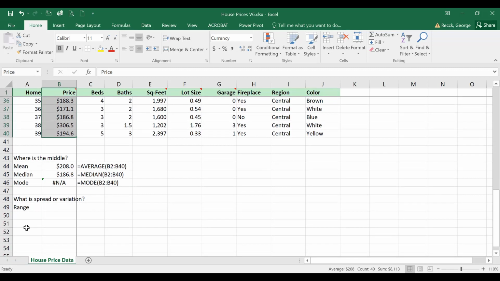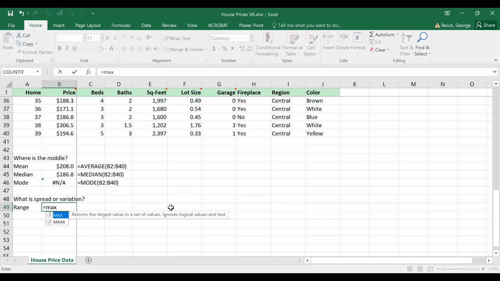based on price. Now, Excel doesn't have a function for range, so we're going to use the max function minus the min. So I'm going to say equals max parentheses. But this time, instead of typing B2 to B40, I'm going to type in the word price.